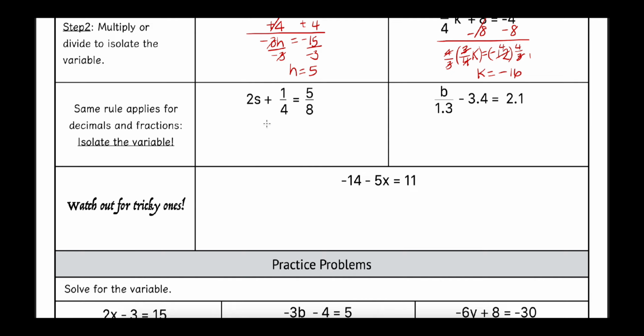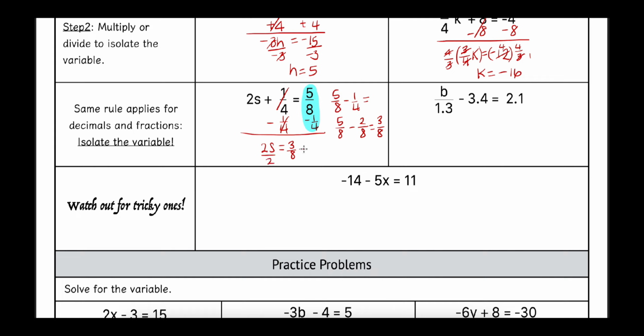So here, first, we're going to subtract 1/4 from both sides. And 2s is equal to, now let's go ahead and solve this portion on the side. So we have 5/8 minus 1/4, and you have to find the common denominator. So 5/8 minus 2/8, which is going to be 3/8, and bring that number here, 3/8, and you divide by 2 on both sides.